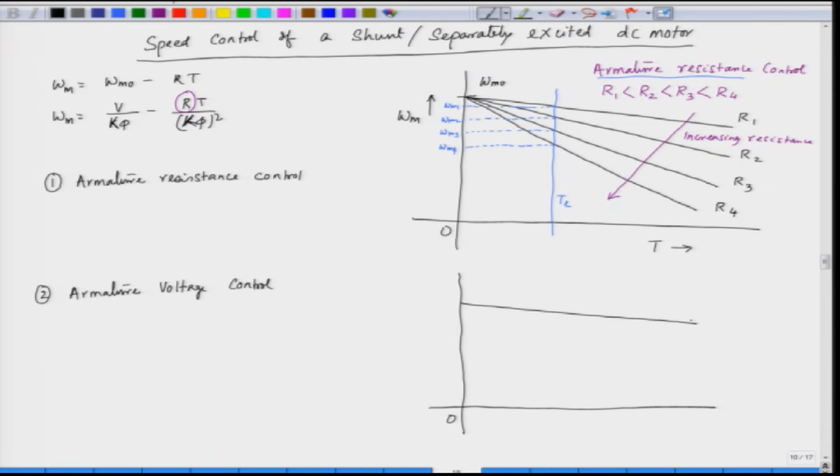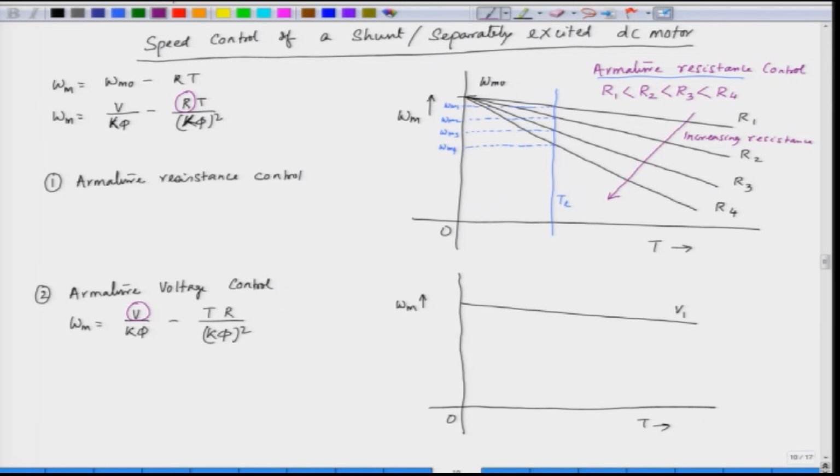This is the torque speed characteristic, omega m versus torque, for one value of the voltage. Now, we change the voltage. We have omega m equal to V by k phi minus T r by k phi whole square. Here we change the armature voltage, this variable is changed.